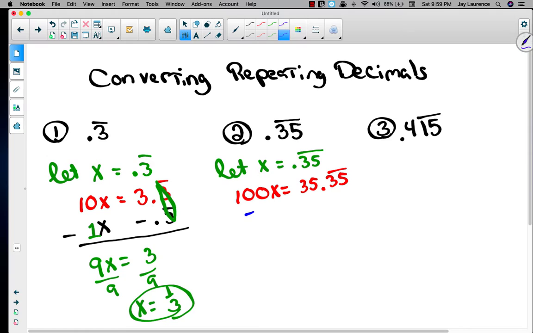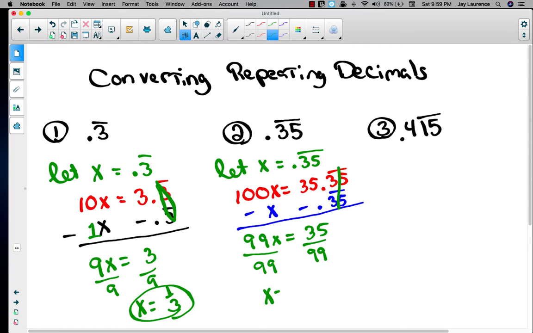So I'm going to subtract the 1x and the 35 hundredths repeating. Doing so will get me 99x. And over on the right-hand side, I'm going to be left with 35. I'll divide both sides by 99.